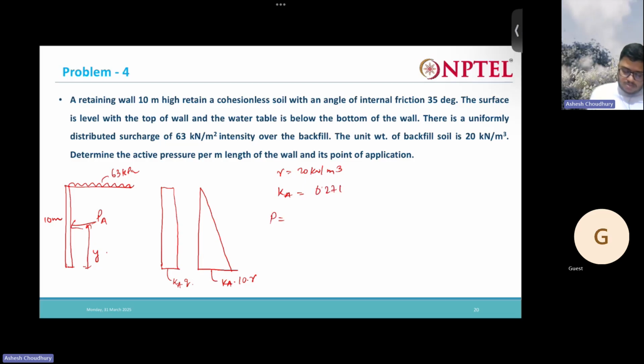So my total is going to be Ka times Q, it is 63 times the height, it is 10, plus 0.271 times 20 times h square. 170.73 plus 271 is going to be 441.73.